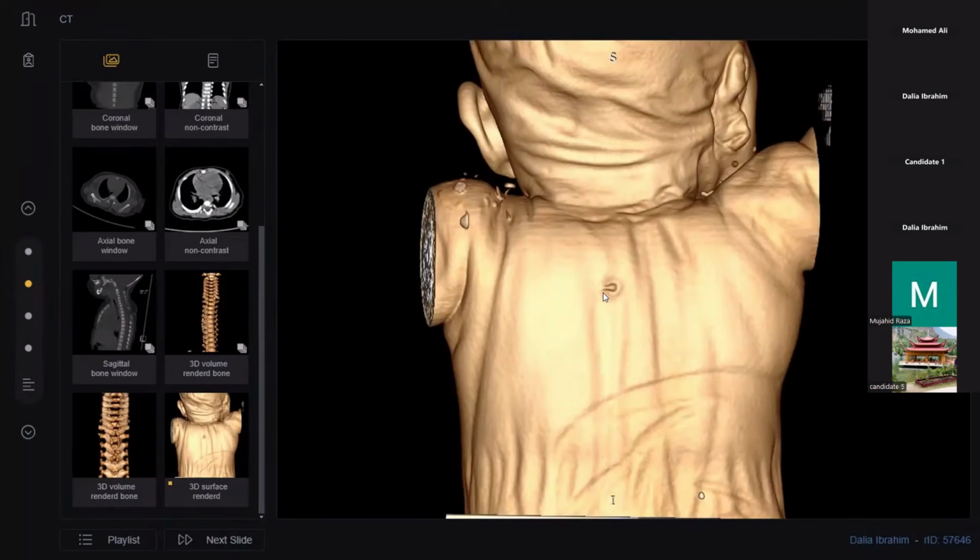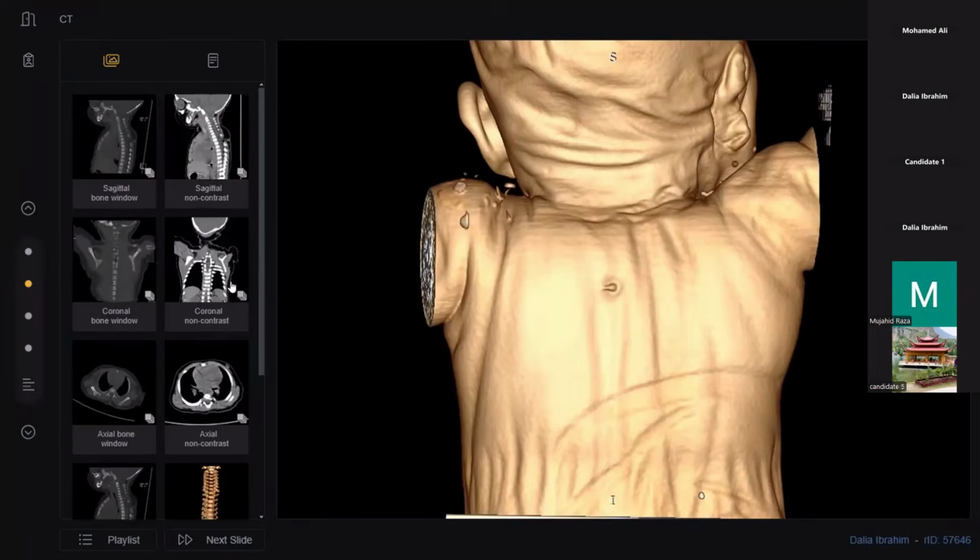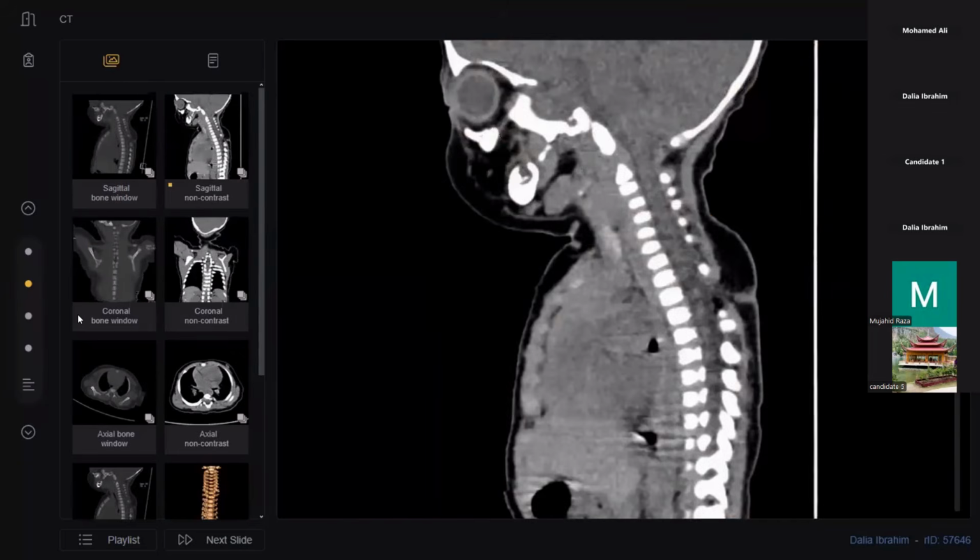My question now: what's your most likely diagnosis for this case? This is a definite spinal dysraphism, but can we call this one dermal sinus tract? Is it similar to the first case or the second case?